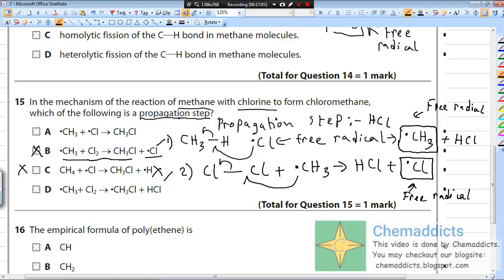So we can see clearly that no hydrogen free radical is formed. Since this chlorine free radical is really unstable, it always wants to attach with hydrogen, and that is why it makes it totally impossible to form a hydrogen free radical.